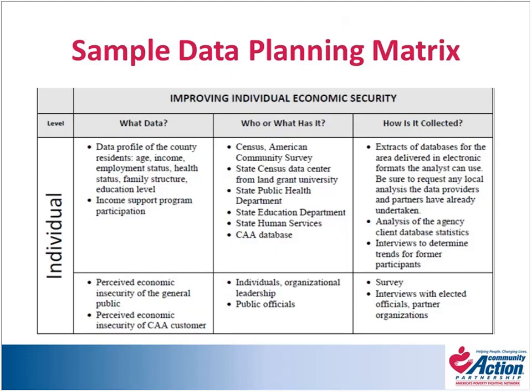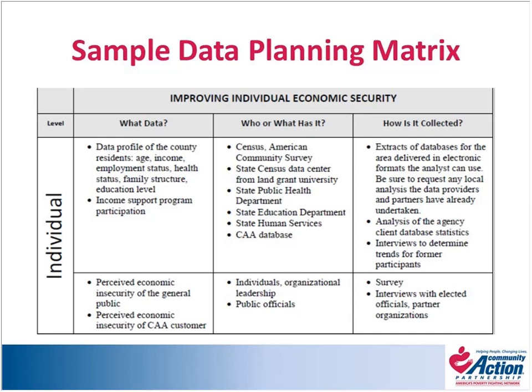So this is a sample after you start filling in the blanks. You can see this is focusing on the individual level. You're looking at what data we need to collect. An example here would be the data profile of the county residents, looking at demographics of age, income, employment status, etc., which also meets part of the organizational standards because you want to make sure that you're collecting some of this demographic information.